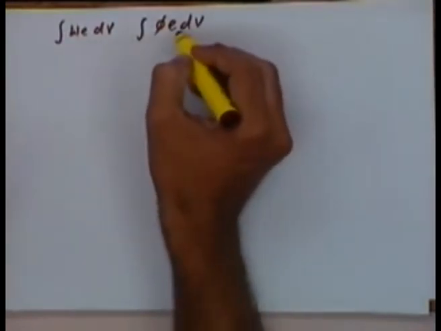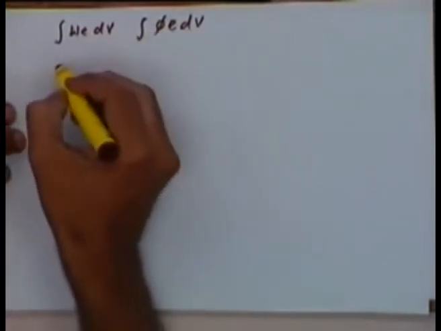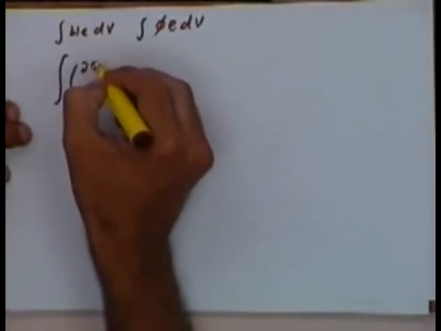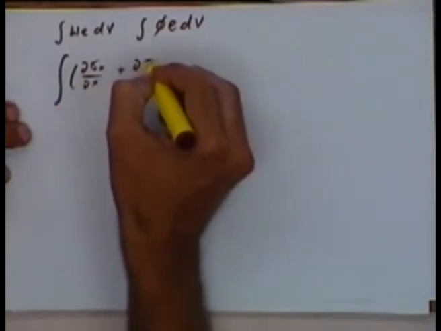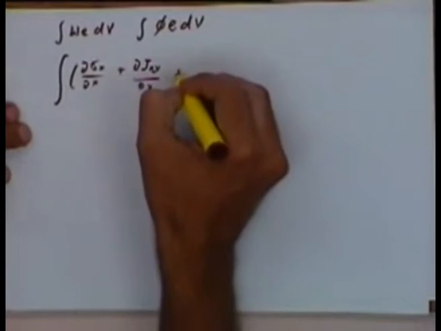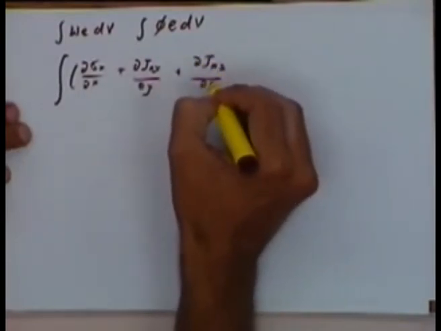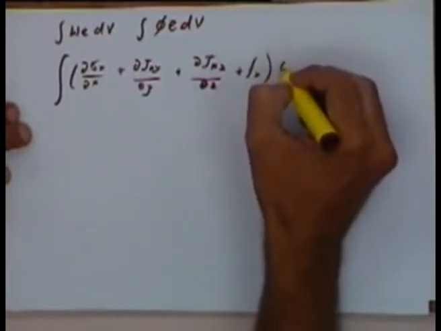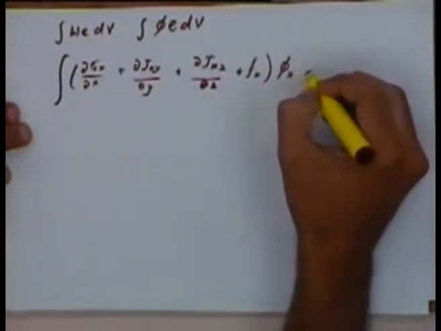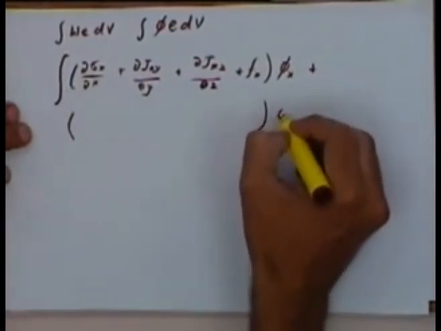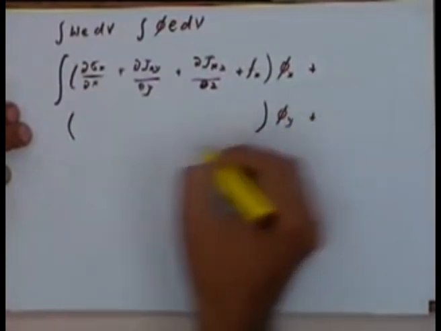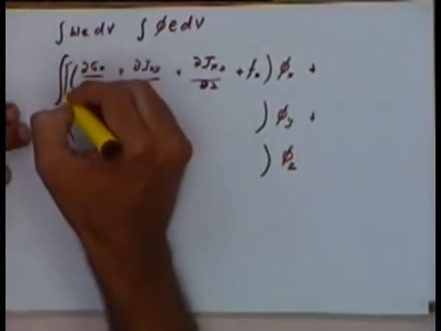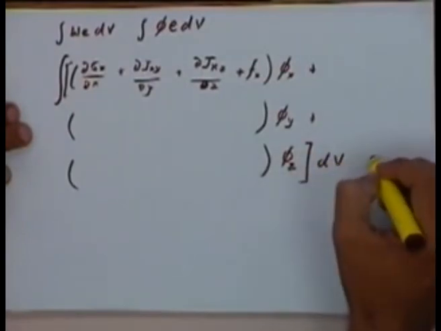If you want to evaluate this integral, this will look like del sigma x by del x plus del tau xy by del y plus del tau xz by del z plus fx, this thing multiplied by phi x, plus another such term multiplied by phi y, plus a third such term multiplied by phi z, and this complete thing multiplied by dV should be equal to 0.